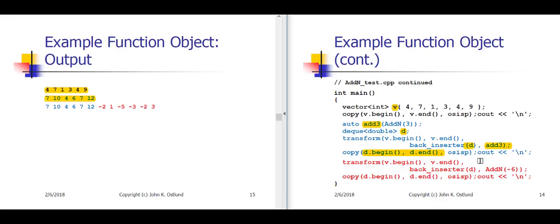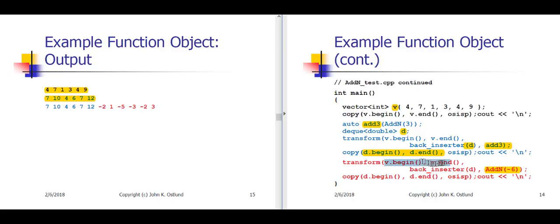Now, one of the convenient things about having a class with a constructor is that you don't need to create a named object like add3. You can simply call the constructor in your transform algorithm to create a function object on the fly. In this case, the function object is going to subtract 6 from each value coming through.